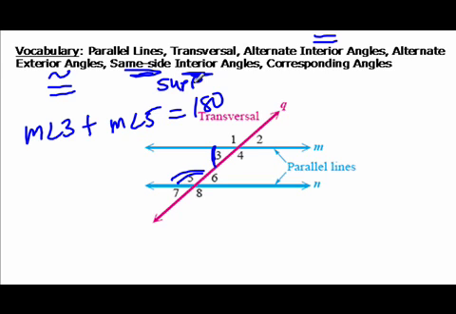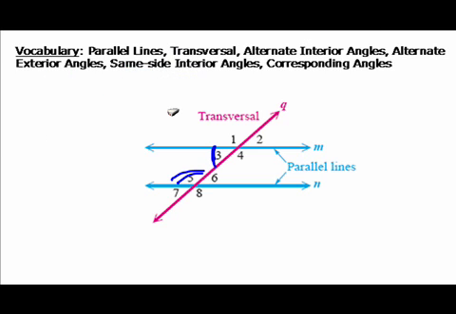We can start proving a couple of these things later on, but it all is based upon the fact that vertical angles, the very first pair that we talked about, are congruent to one another, which I'll show you what I mean in a minute. Let's finish up with the different types of angles. Finally, we have what's called corresponding angles. I want you to think of corresponding angles in terms of position. Pick any angle up here, 1 through 8.